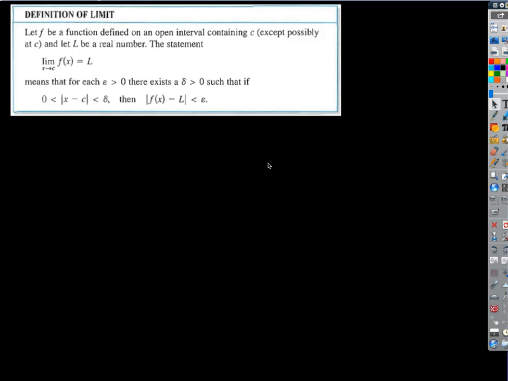So what does this first part even mean? What's an open interval? Going back to pre-calculus, what's an open interval? Like I could say something like, that's an open interval, right? What's that mean?